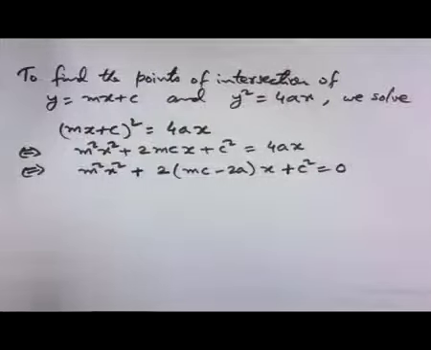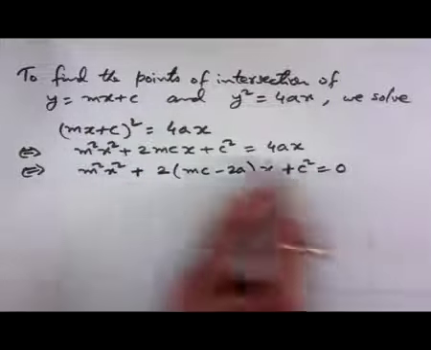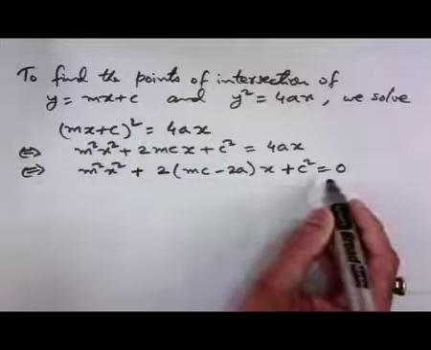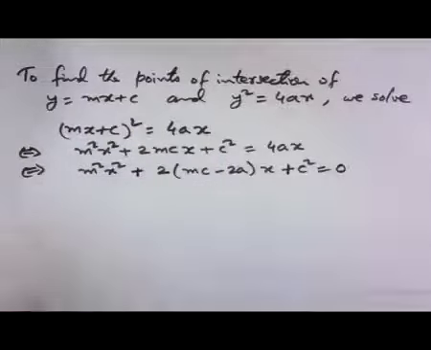So, the roots of x of this quadratic equation will give the x coordinate of the point of intersection, and then we can find the y coordinate using the equation y equal to m x plus c.